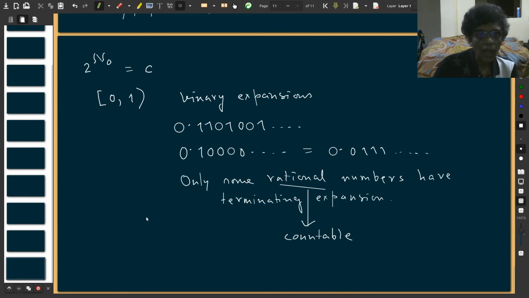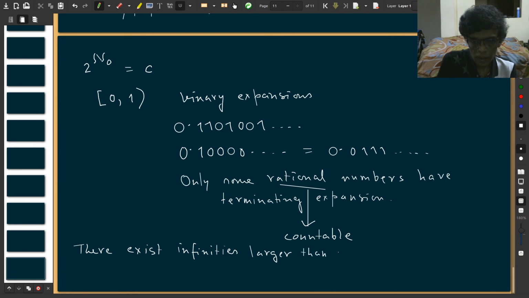Okay. And there exist infinities larger than C. Why?